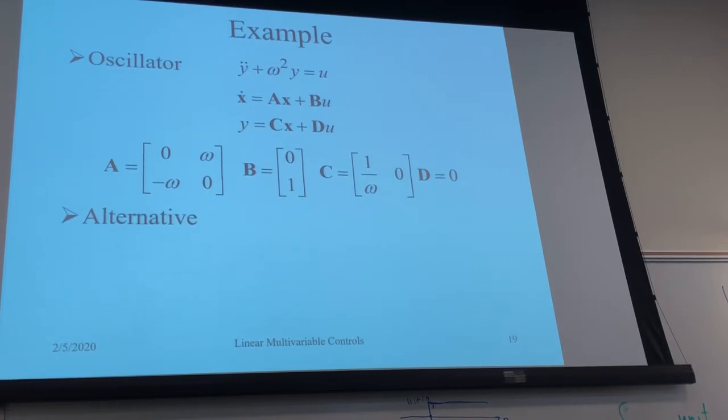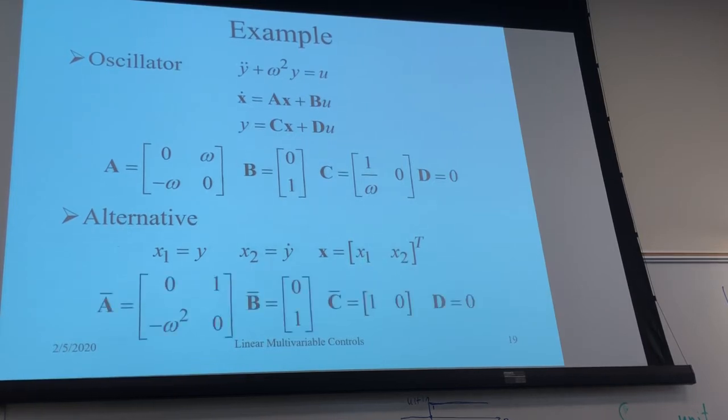Alternatively, you can do the following: using y as x1 and y dot as x2. So you can write A bar like this, B bar the same, and C is 1, 0. This will also correspond to the input U and output Y. So the internal states X are different.